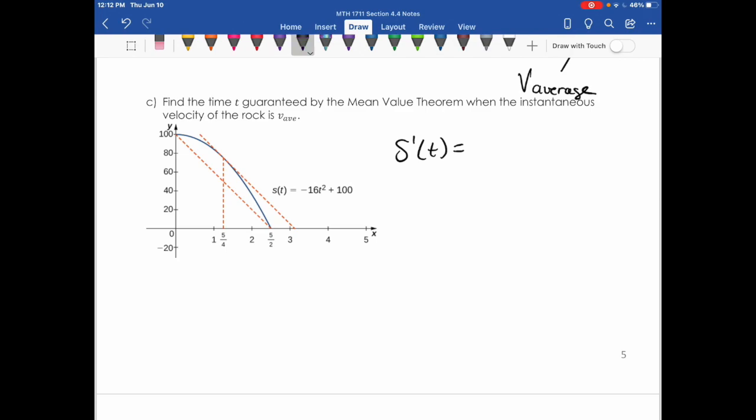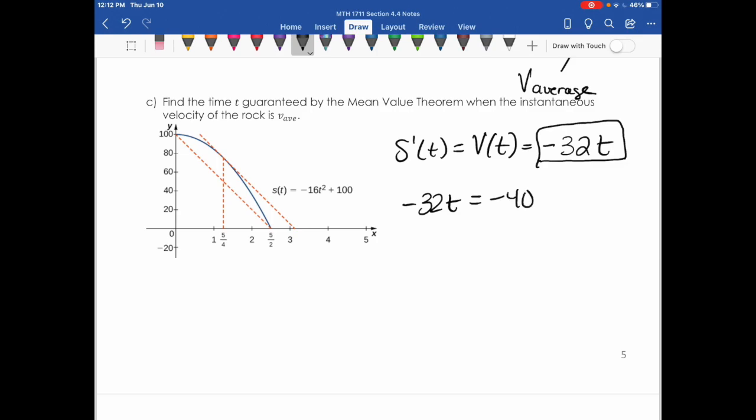So if I take the derivative of the position function, that will give me my velocity function. I'm going to get negative 32t. And so this is the slope of the tangent line at any point on the graph. So I want to find the value of t. At what time was it exactly negative 40 feet per second?